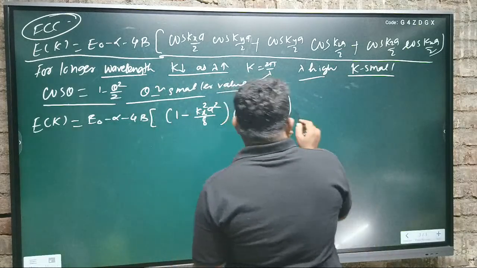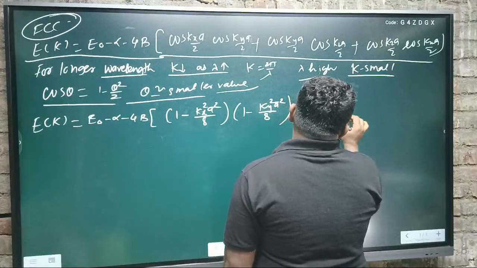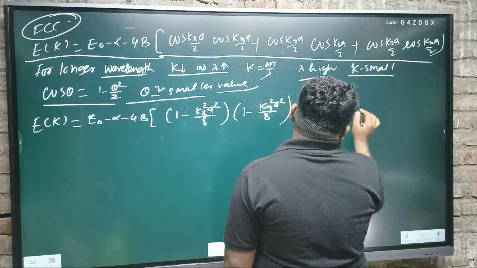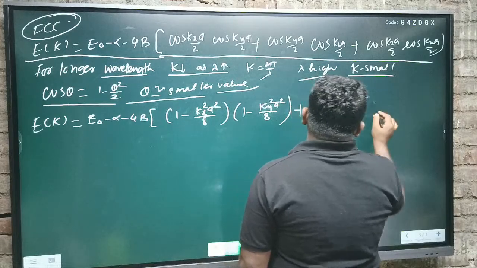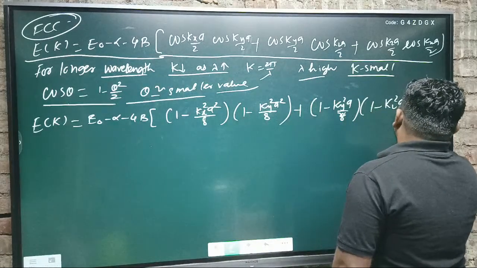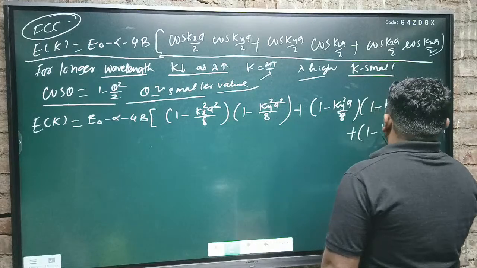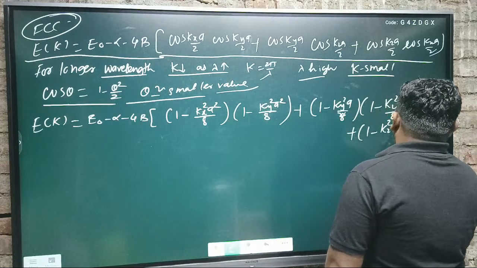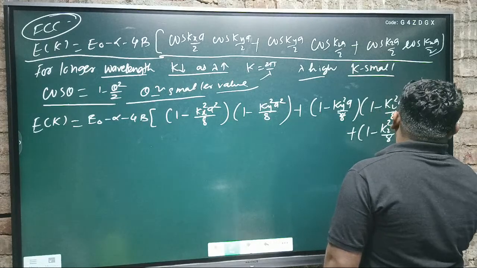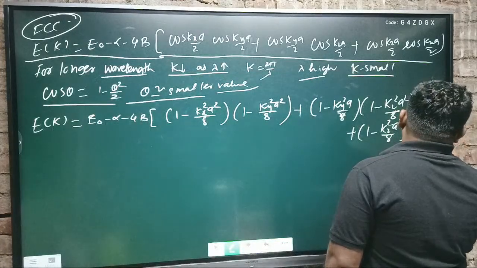Plus the second one: 1 minus ky square a square upon 8 into 1 minus kz square a square upon 8, plus the last one: 1 minus kz square a square upon 8 into 1 minus kx square a square upon 8.